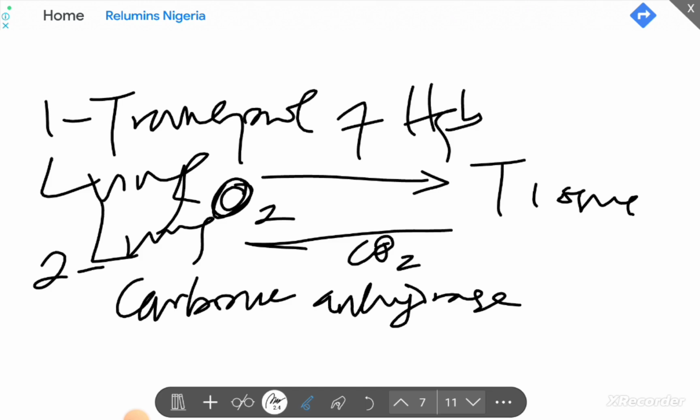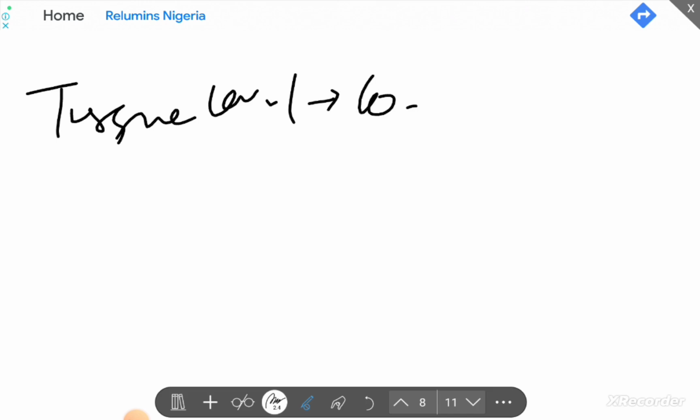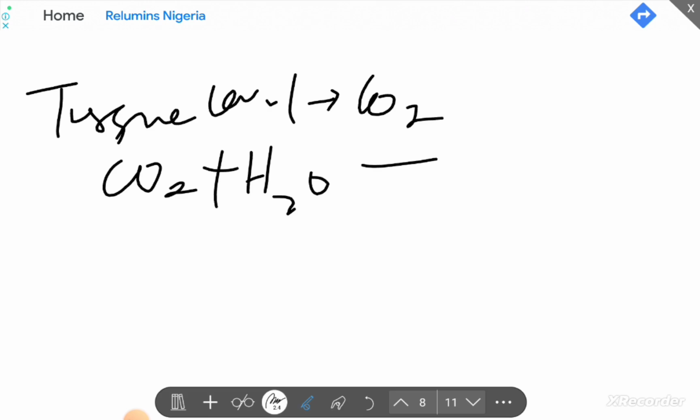Okay, so let's go to another board and see what we can do. At the tissue level, CO2 is being produced, and I told us where the CO2 is coming from. CO2 will combine with water, and this reaction is reversible and is catalyzed by carbonic anhydrase.